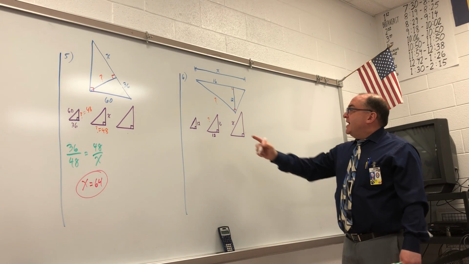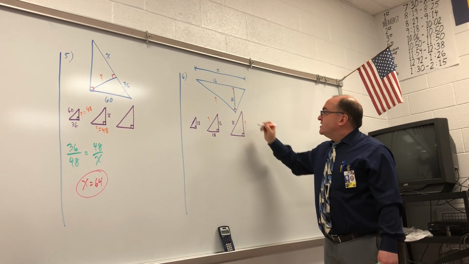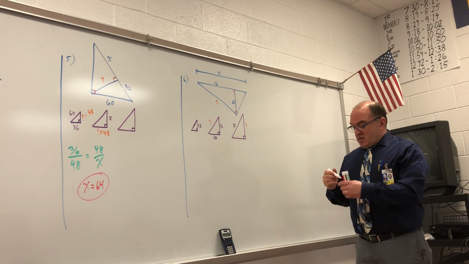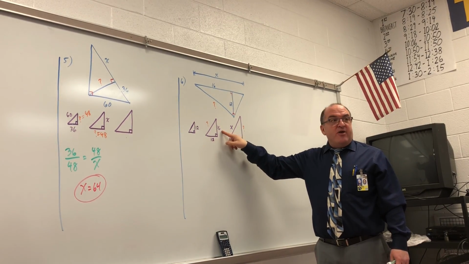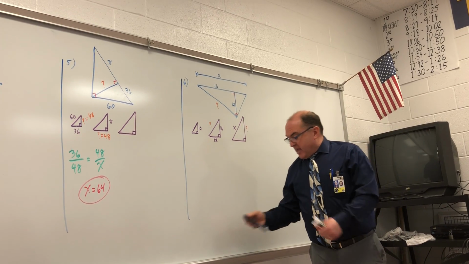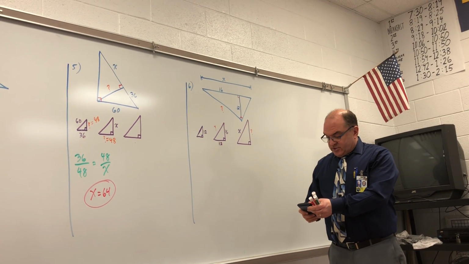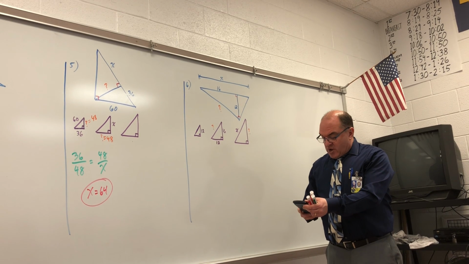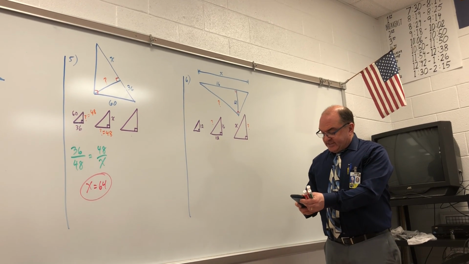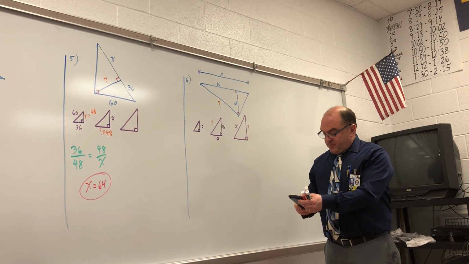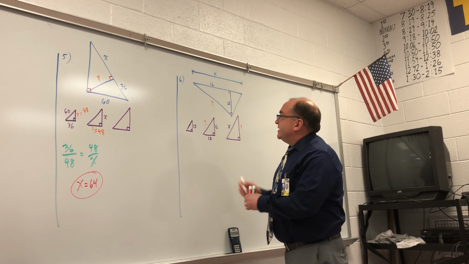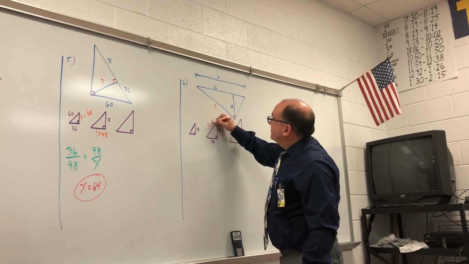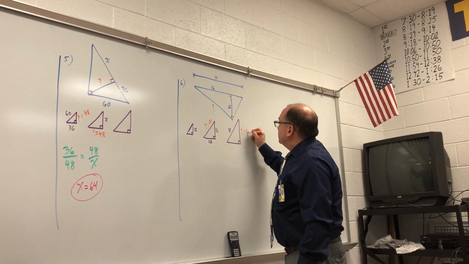And that guy is going to be the same as this one. To find the hypotenuse, am I going to add or am I going to subtract? I'm going to add. So what's the square root of 12 squared plus 16 squared? You get 20, meaning this guy is 20, and this guy is 20.